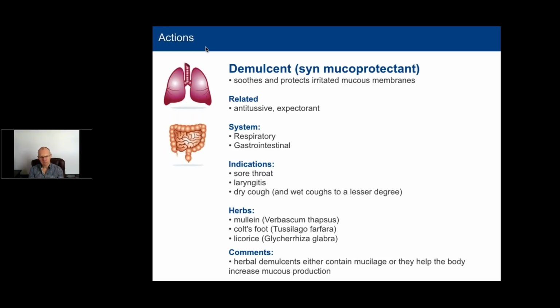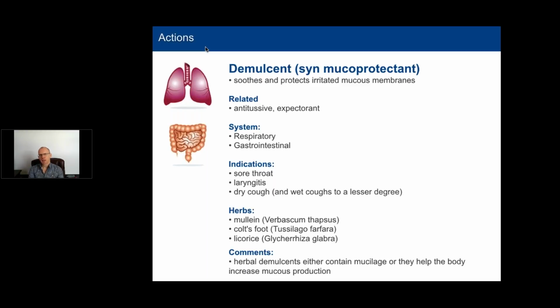We'll talk about that in a second. So the main indication for demulcents would be for a sore throat, or if someone had laryngitis, so down a little bit further down, and you wanted to coat it and have a protective effect. And you can also use it for a dry cough.